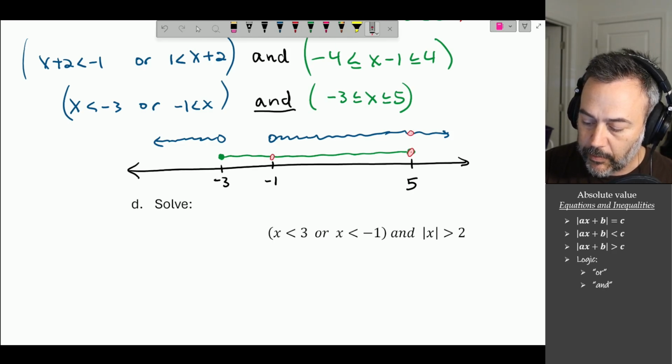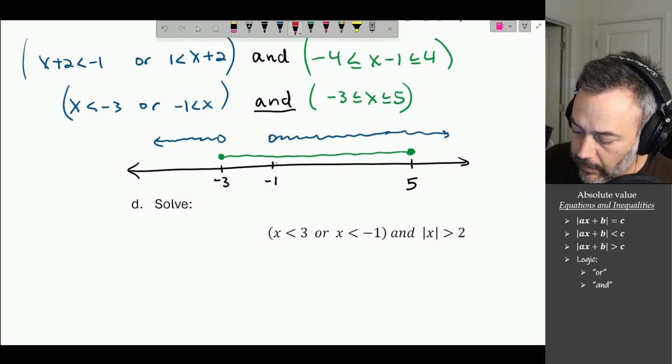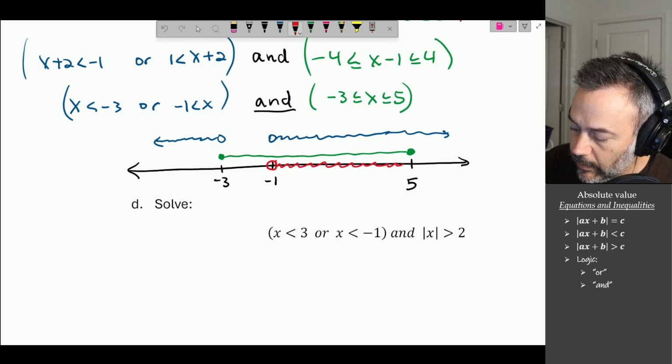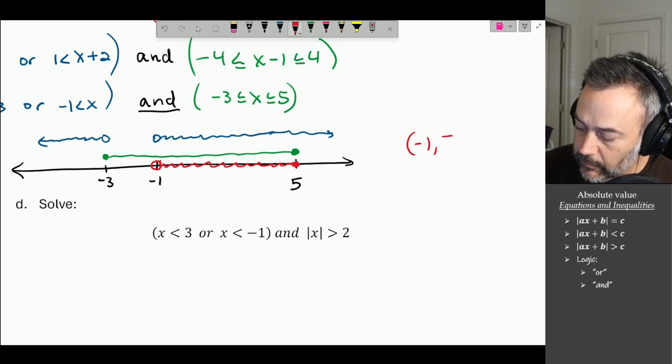Negative 1 is not in both sets because it's not in the blue set. So our final solution set is everything from negative 1 up to 5 inclusive. And so our final answer is negative 1 to 5 in interval notation.